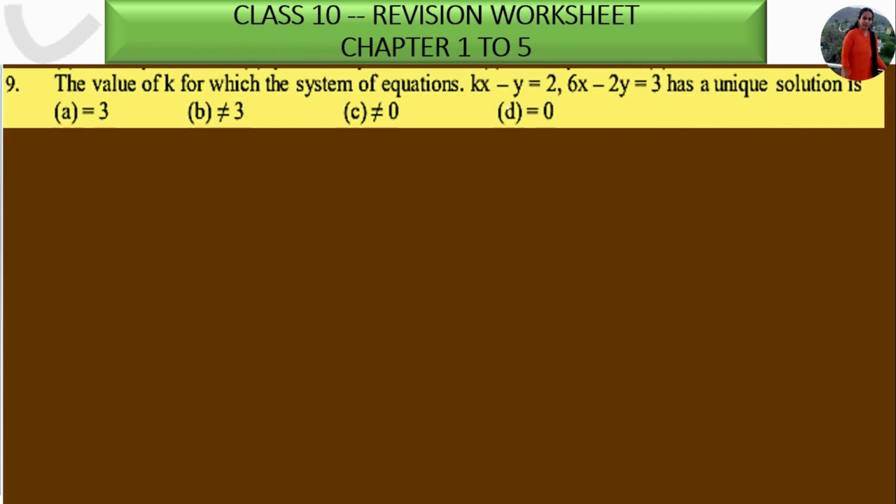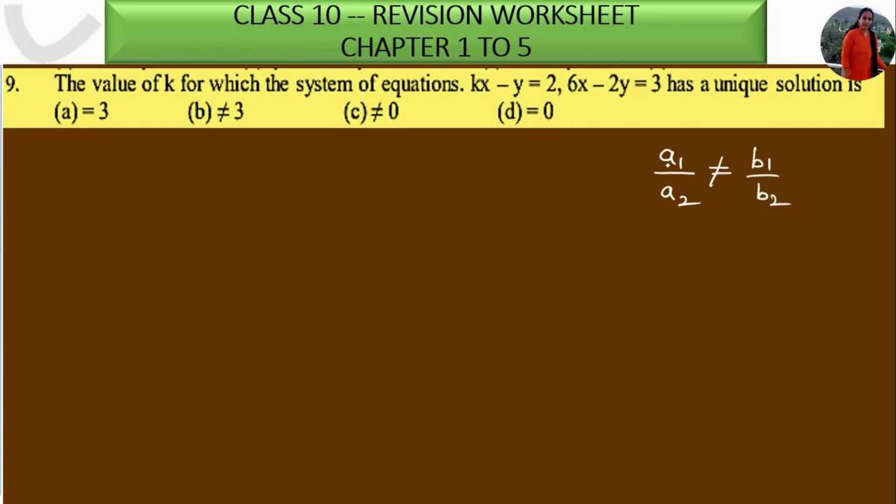So these two are a pair of linear equations. For a pair of linear equations to have a unique solution, that is, they will intersect at only one point, that means coefficient of x, a1 by a2, should not be equal to coefficient of y, b1 by b2.